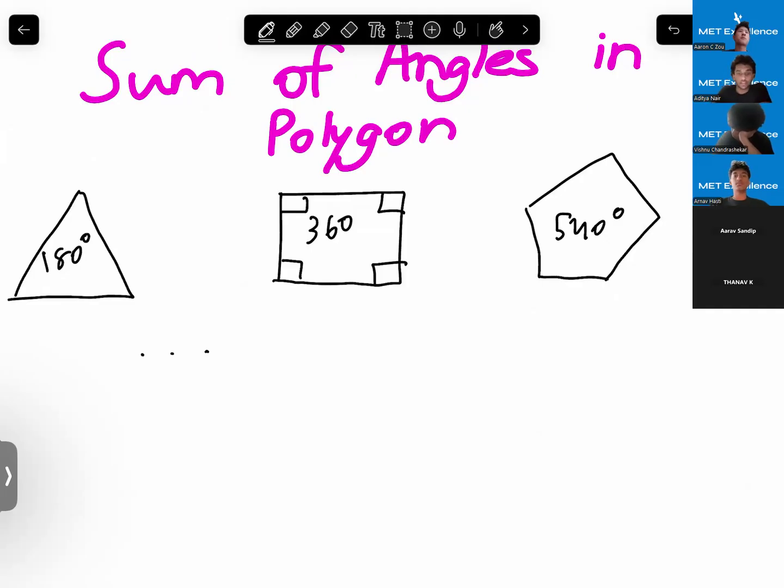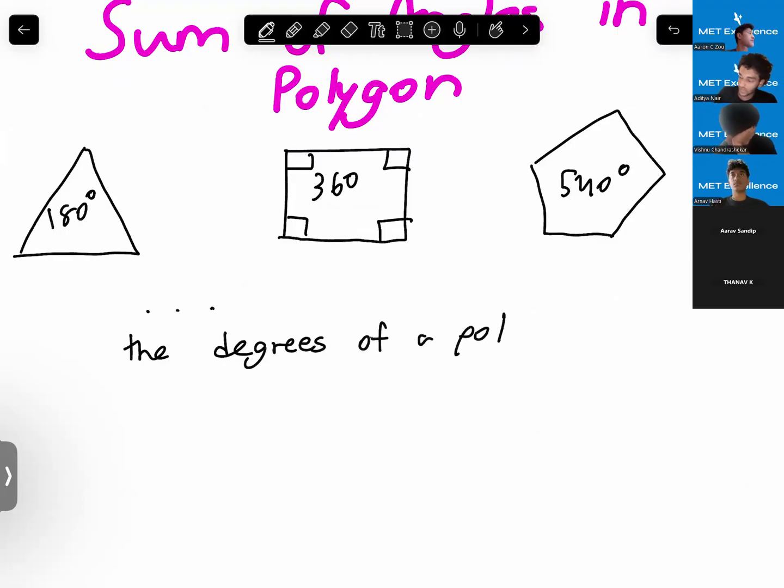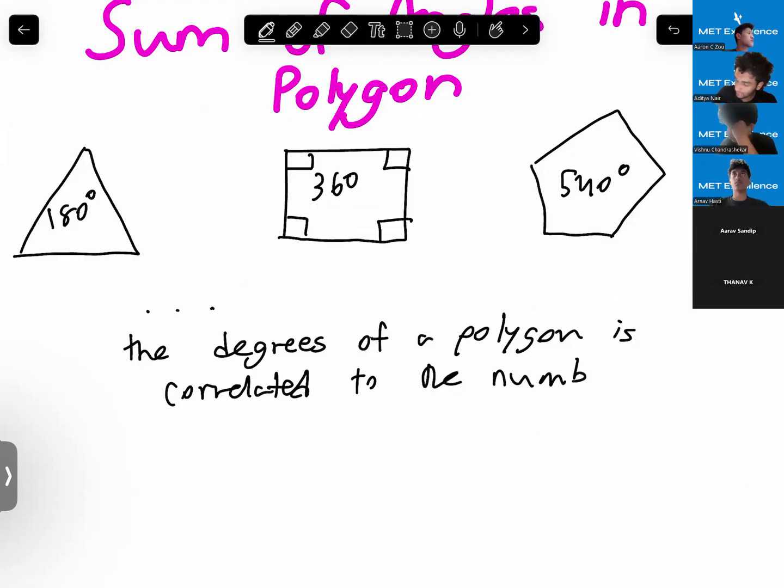And can anyone tell me why that is? Okay, I see because it has five sides, and I saw someone drop the formula in there. So that's actually correct, because the degrees of a polygon is directly correlated to the number of sides it has. And we can actually make a formula out of this that I think you should remember.